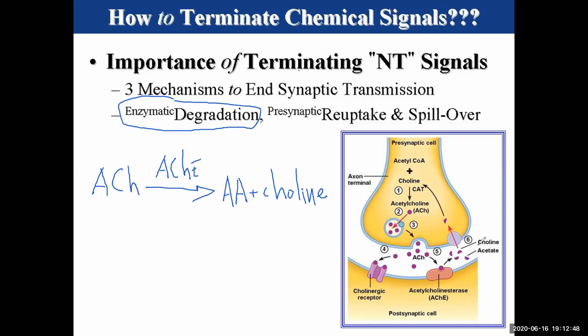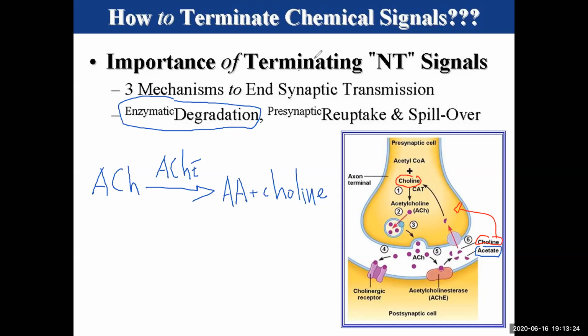Acetic acid here is the same as acetate. Acetate is the salt of acetic acid, so you can say acetate or acetic acid. What is important is that the choline is recycled. It's picked up by the axon terminal that releases it, so that choline is reused to make more acetylcholine. That's one example, enzymatic degradation.